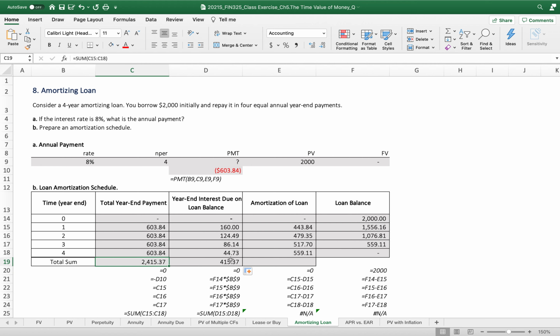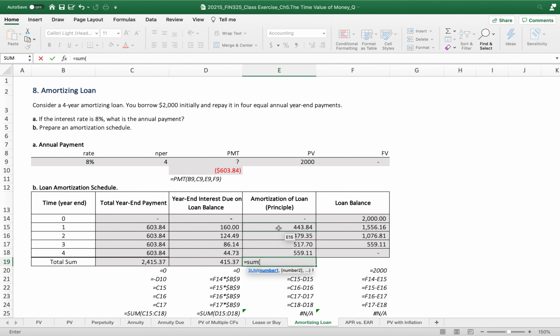And then the amortizing loan, which is the principal. Total principal is just the sum of these principal amounts, and it should be the same as $2,000, the beginning balance of the loan.